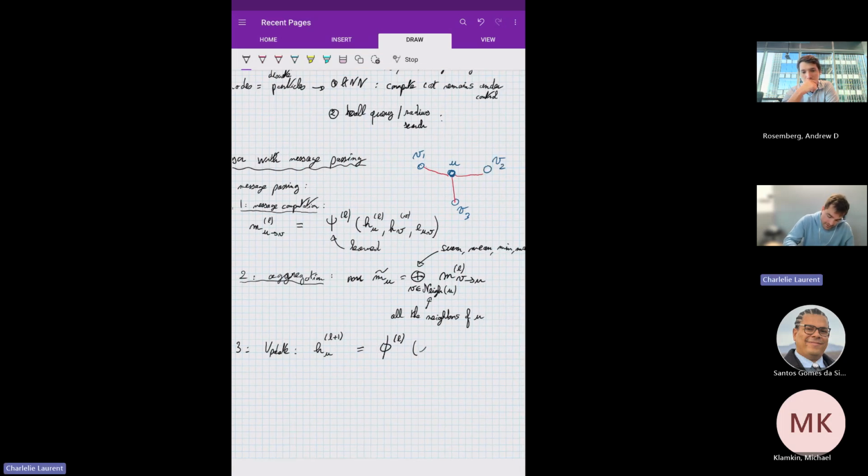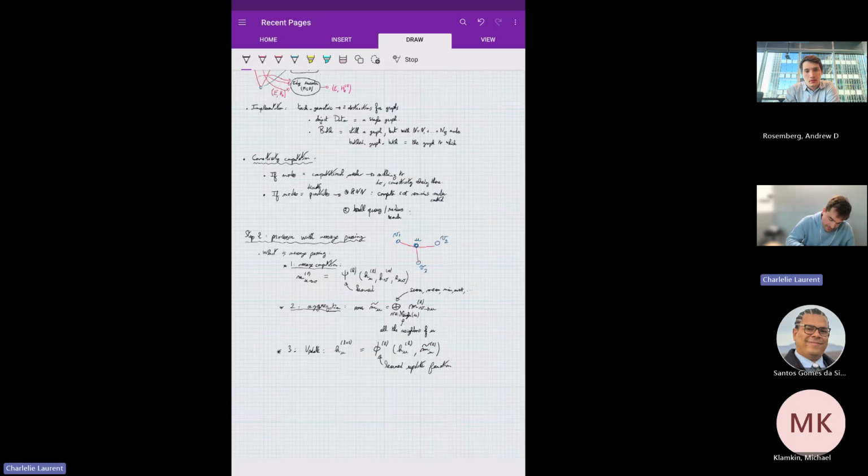And it's just going to take two inputs, the current node features at layer L and the aggregated message that you just computed above. So this is a learned update function. So this is very general message passing.